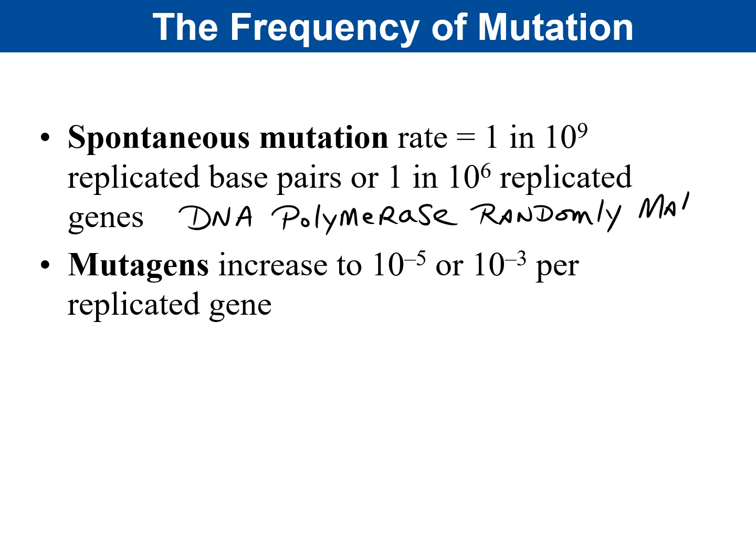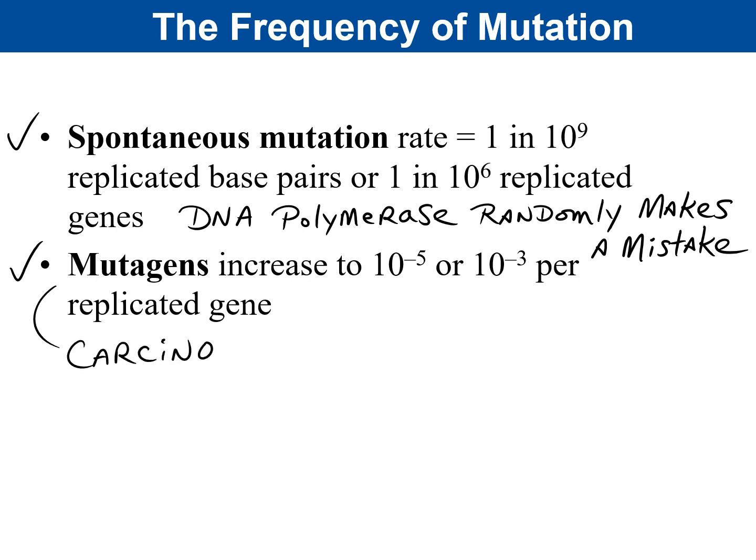And then we have the other possibility, which happens much more often, but it's beyond natural. This is when, in terms of exposure to certain chemicals or agents, can then influence the DNA or the genes to mutate much more often. So we can talk about how most mutagens are suspected to be carcinogens or causes of cancer because of their ability to cause damage or mutations in the DNA at a much higher frequency than would be present under normal circumstances.